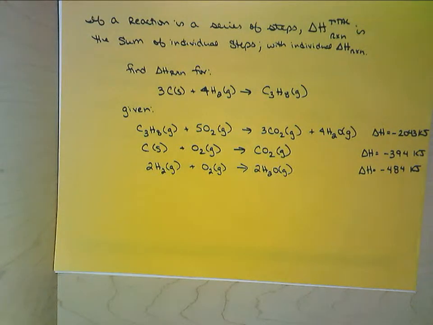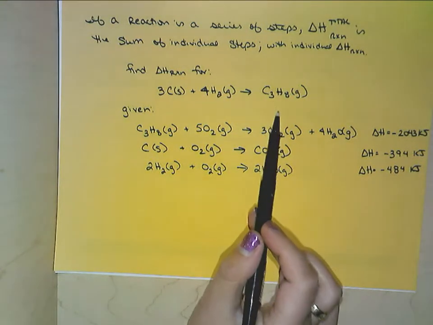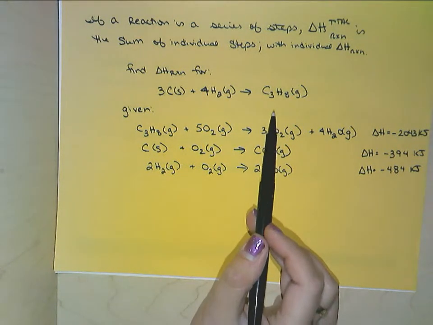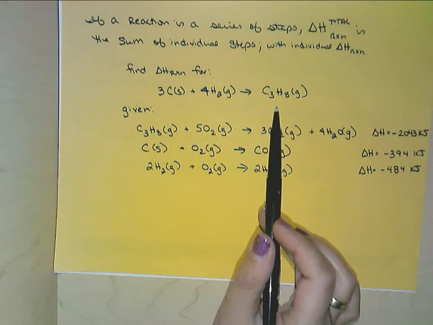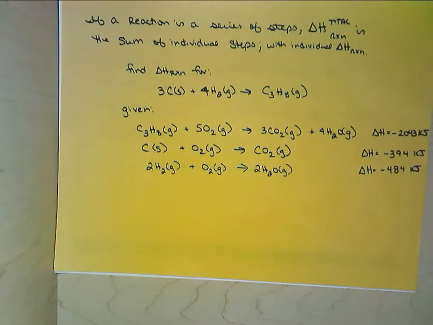I like to start with what I know the product is. So, which of the reactions contains the products? The first one, the second one, or the third one? First one. Okay, is it in the right direction? No, not in the right direction. So what do I need to do? Flip it over.